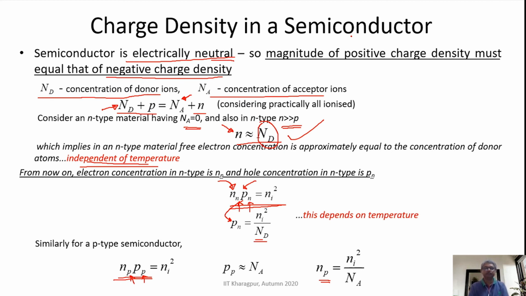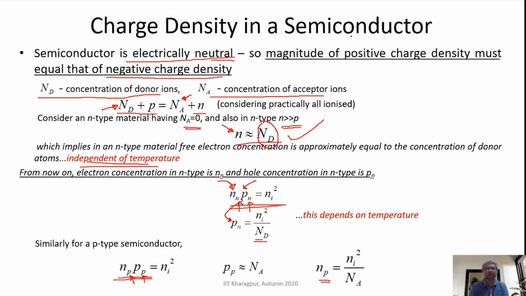Now semiconductor is of two types, intrinsic semiconductor and extrinsic semiconductor. The intrinsic semiconductor contains electron hole pairs, and the concentration of these carriers mostly depends on temperature, and the concentration level is much smaller.